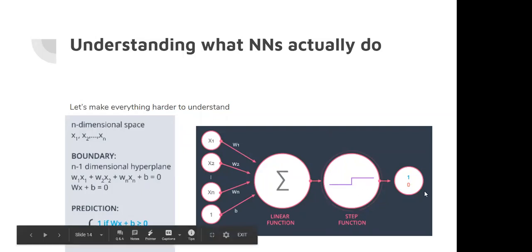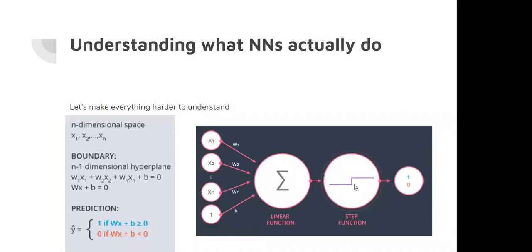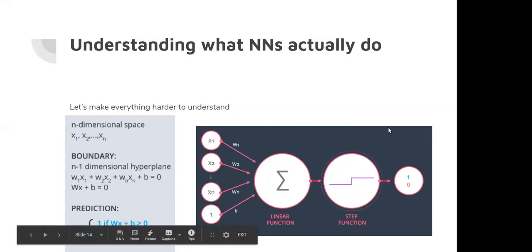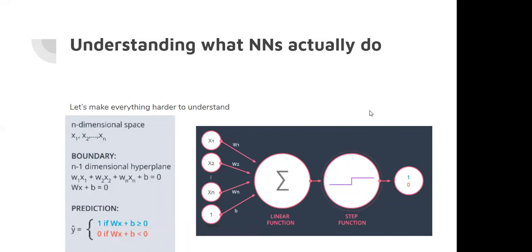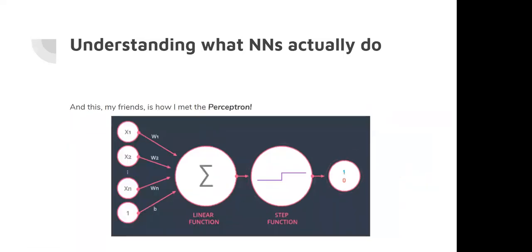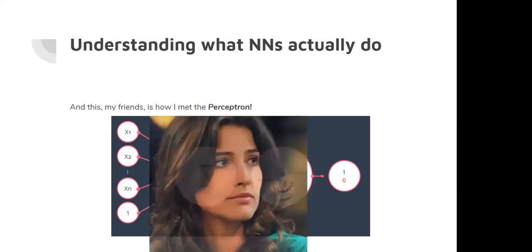Over here we are using a step function to keep everything simple. What you see over here has a name: it's called a perceptron. So this is how, my friends, I met the perceptron. That's for all those who didn't get the reference.